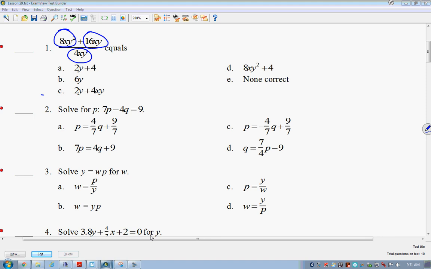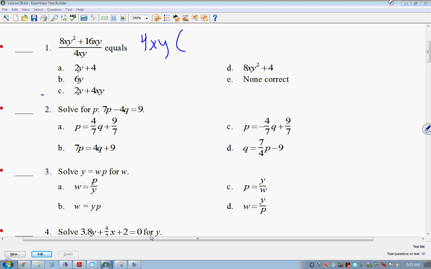And what number will go into all of them? 4. So I can take out a 4, correct? So if I took a 4 out of 8x, what is left? We're left with 2. And you also said that we could take out an xy, right? 4xy goes into all of those things.